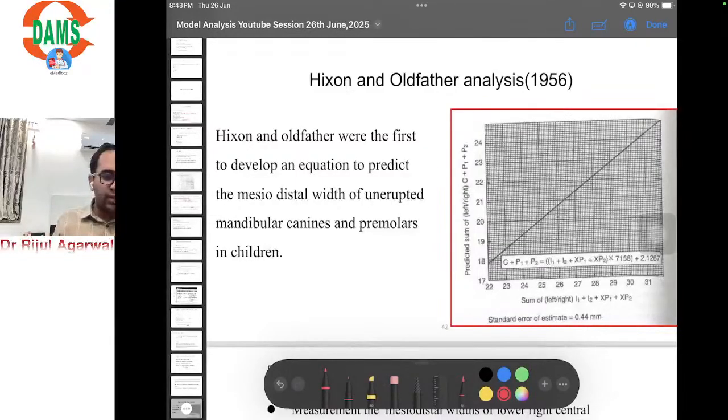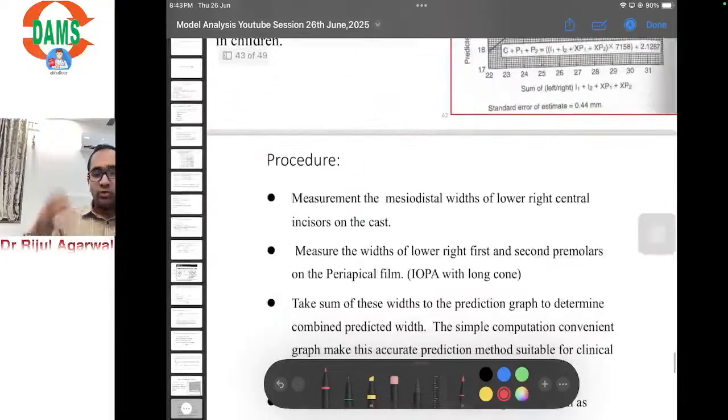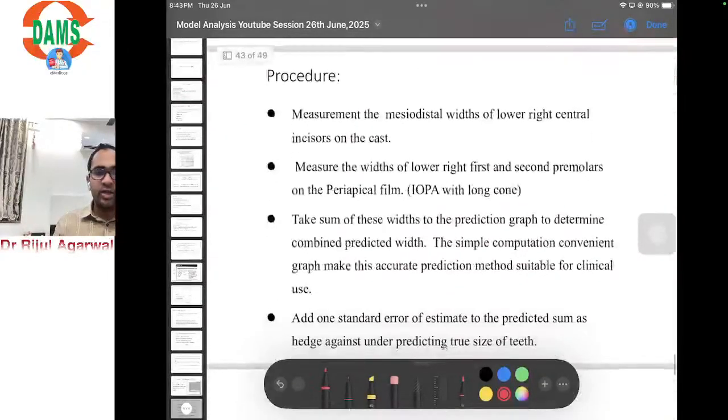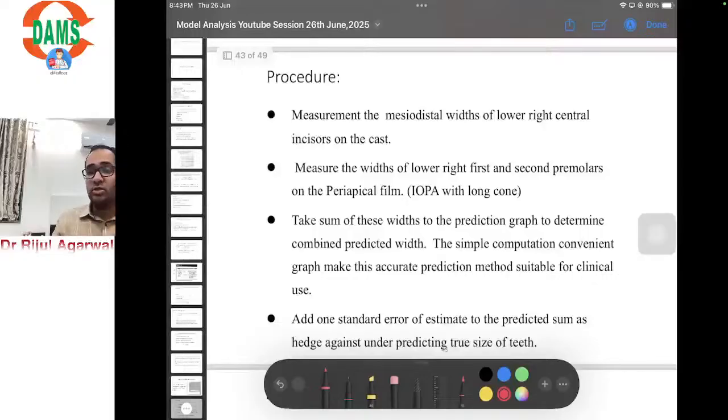The author traditionally measured the mesiodistal width of the lower right central incisors only, not the left one. So we took the right side only. So 4|1 and 4|2 are measured, and next from the IOPA he obtained the width of the right first and second premolars.